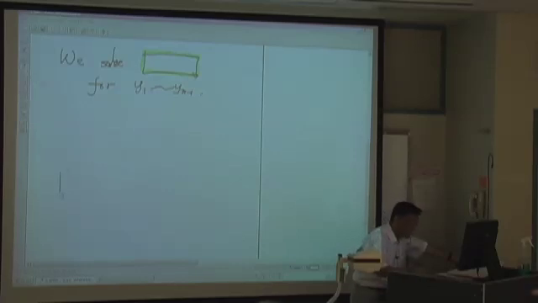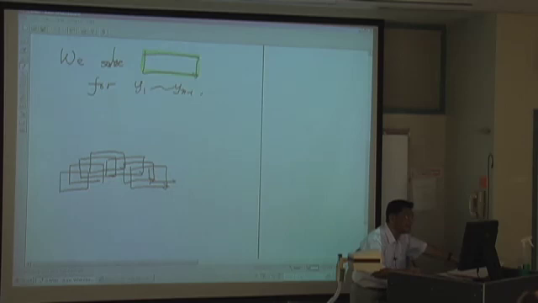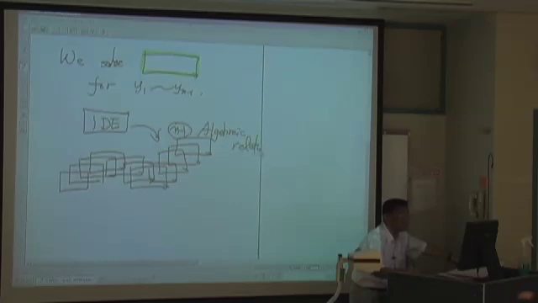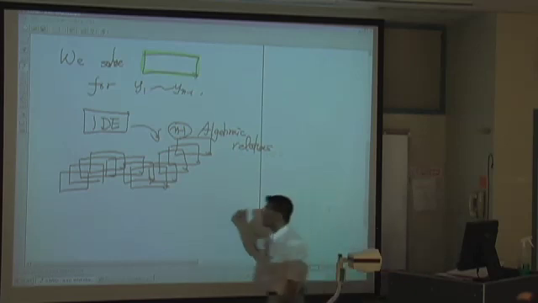So we have this problem, and then this problem, and so on. So one differential equation is converted to n minus 1 algebraic relations. This is the conversion.